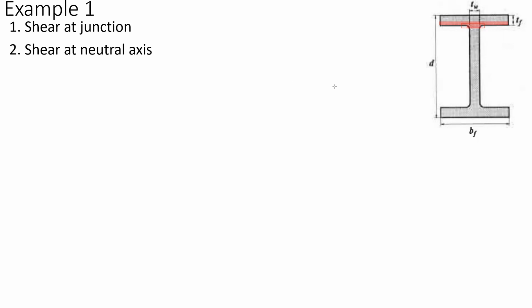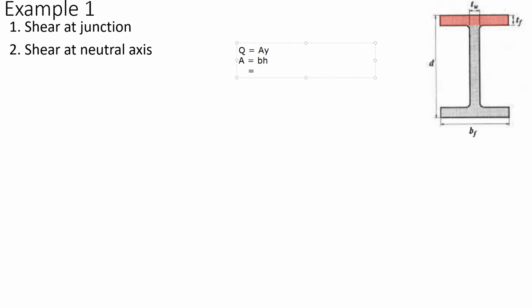So let's try for the first one, wherein this is our considered area. For this one, you have Q is equal to AY bar, wherein A is equal to the base times height.